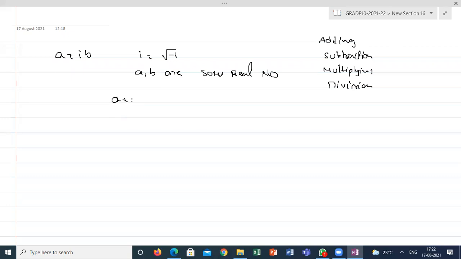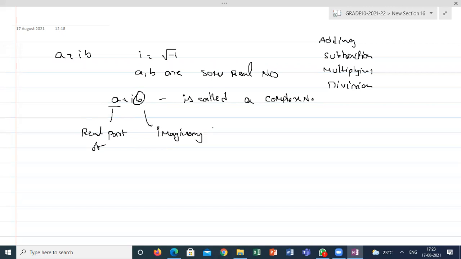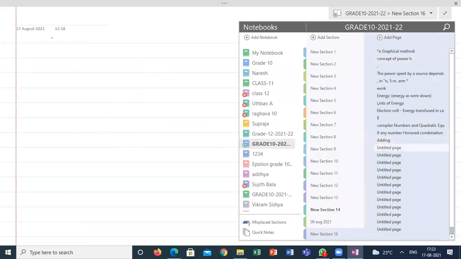Then a plus ib is called a complex number, where the first part is called the real part of the complex number and ib is called the imaginary part of the complex number. Now, how to add and subtract complex numbers? So I am going to start the algebra of complex numbers.